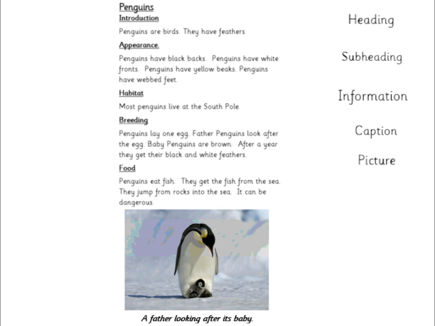Father penguins look after the egg. Baby penguins are brown. After a year, they get black and white feathers. And we've got food. Penguins eat fish. They get fish from the sea. They jump from rocks into the sea. It can be dangerous. And then we've got a picture underneath, and we've got a piece of writing describing that, and that's got a special name that we're going to talk about in a minute.